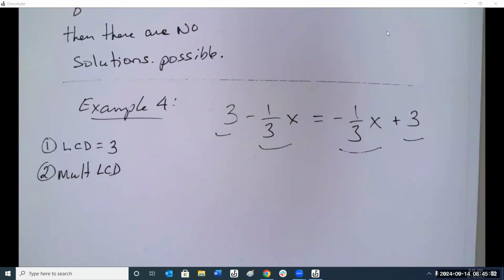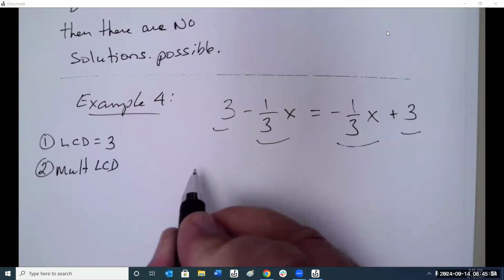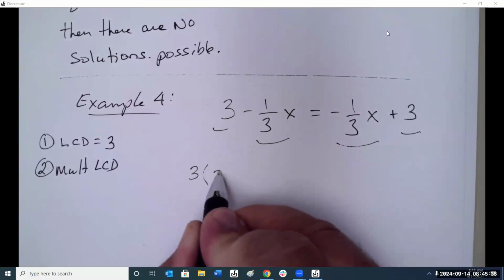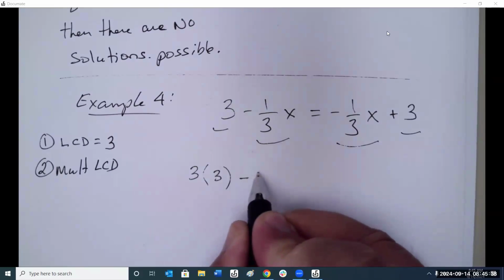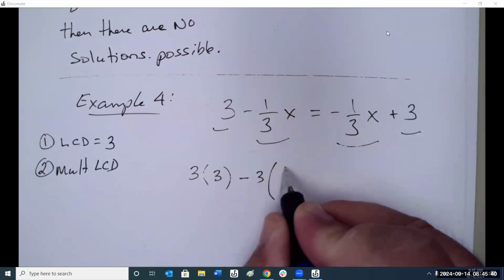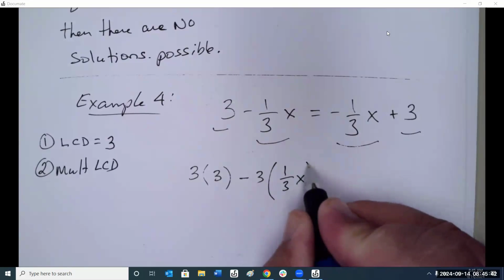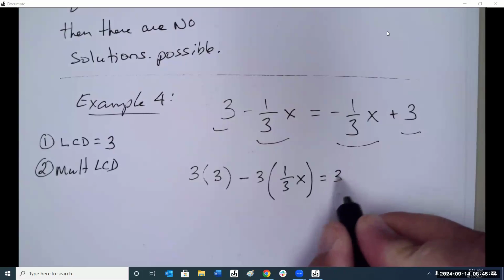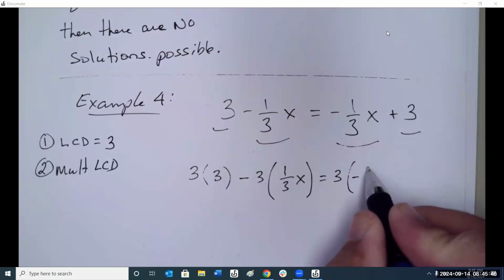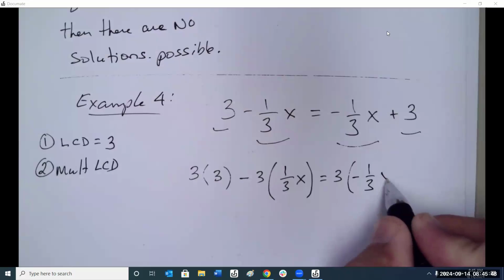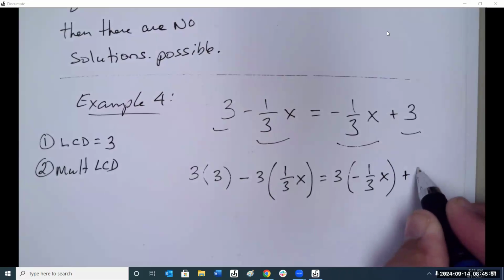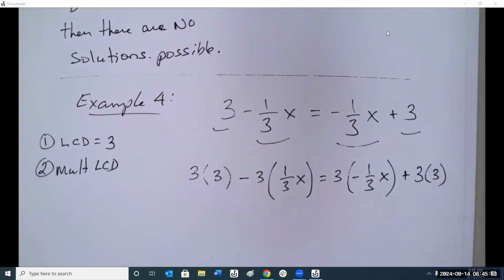Multiply by the LCD. So we have 3 times 3 minus 3 times 1/3 x equals 3 times negative 1/3 x plus 3 times 3.